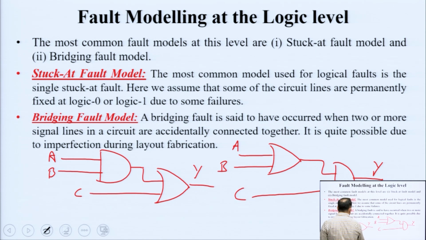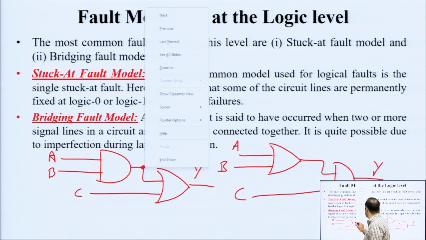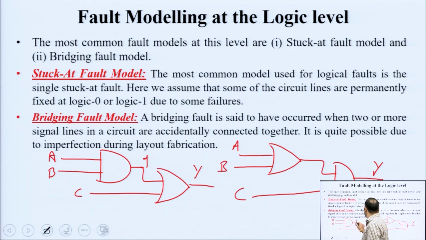Suppose this line here, because of some fault, and that fault can be anything, your gate oxide can have a hole through it, some kind of short circuit, a metal short or a gate to metal short. And based on that defect or fault, this intermediate point here is at logic 1.